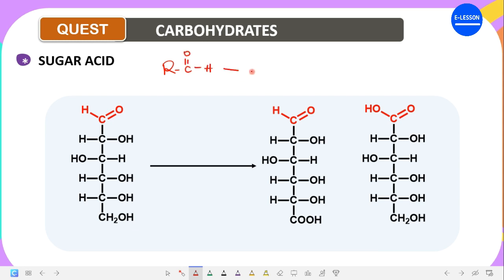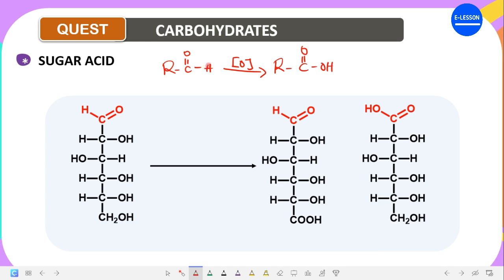Now, if this aldehyde is oxidized, let's say using an oxidizing agent like potassium permanganate, potassium chromate, chromic acid, etc., what is happening? Oxidation means the addition of oxygen or removal of hydrogen. One oxygen, of course, will be added to this, and then we are going to have a carbon, double bond O, and OH.